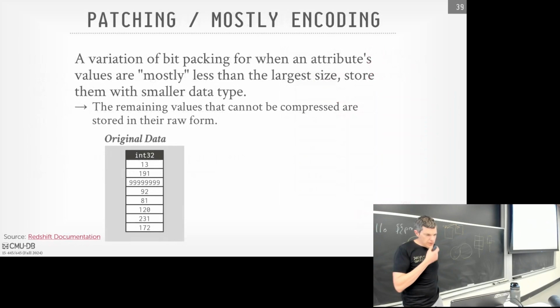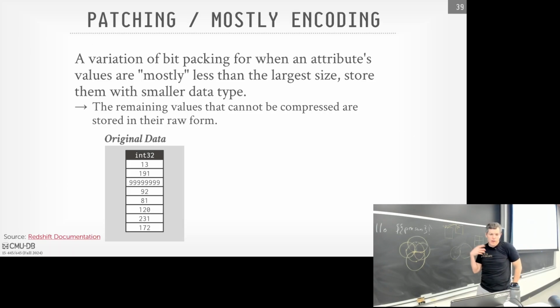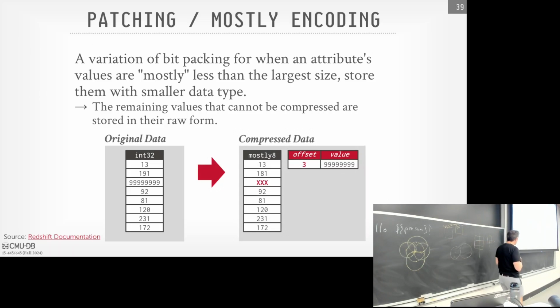The next scheme: one problem with bit packing is that you can have outliers. And so you have to use a technique called patching. In Amazon Redshift, they call this mostly encoding. It's basically bit packing, but when you recognize there are some tuples that have a value that doesn't fit in your bit-packed version, you put a little marker in it, a special bit sequence, that says the value for this tuple at this offset is not really here.